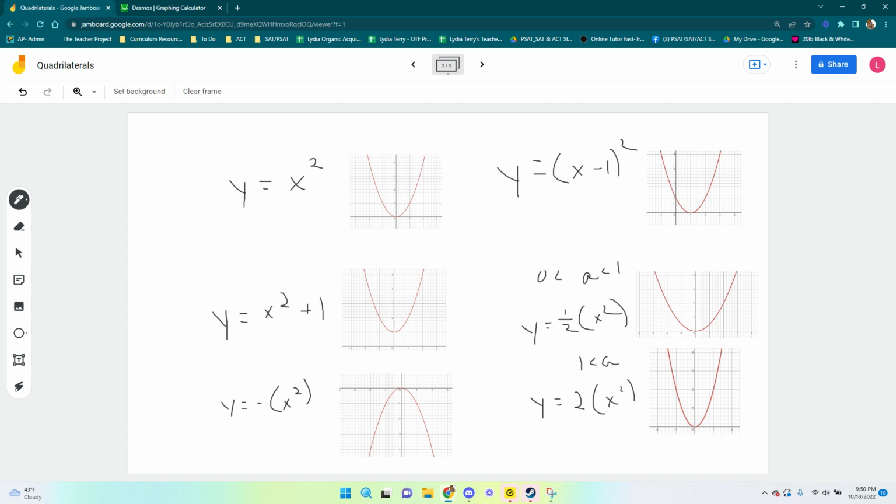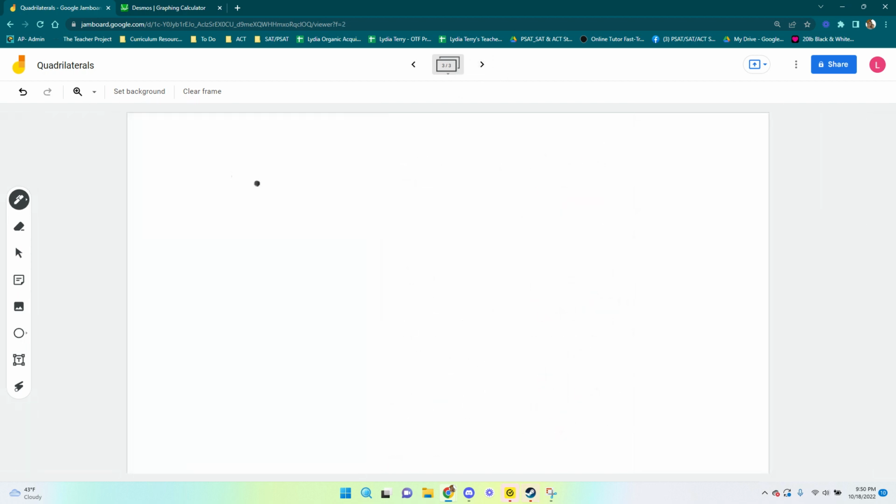Okay. When we put this all together, we're going to end up with this form: y is equal to A(x minus h) squared plus k. Now, h and k will be what we would call the vertex.